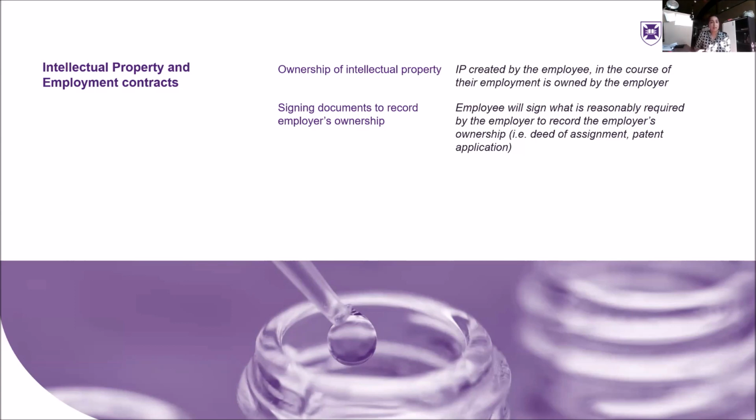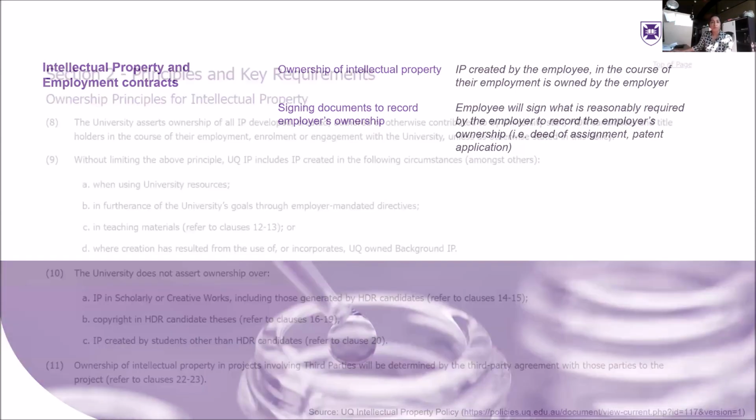And sometimes there is an obligation to sign, so that the employee will sign what is reasonably required by the employer to record the employer's ownership. This can continue on beyond your employment. So even if you have left that particular job, your previous employer could still come to you for your signature on a patent application, for example.